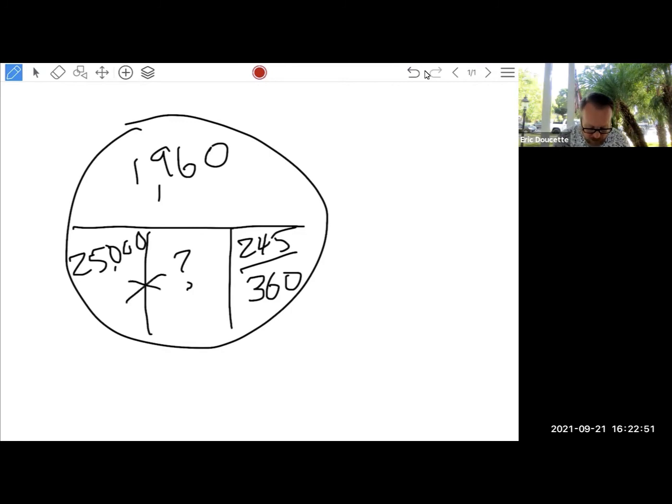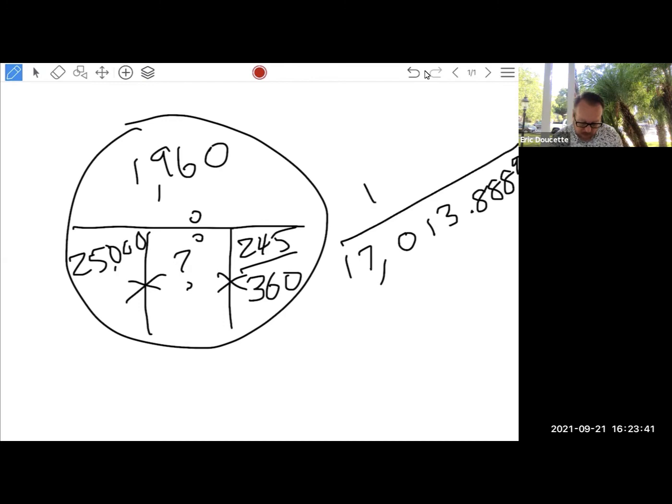So again, I don't have rate. I don't know what that is, but I have the 3 other factors. So I'm going to take my 25,000. I'm going to multiply that by 245 divided by 360 equals 17,013.889. I recommend, by the way, that you use all of that when you're doing the division.